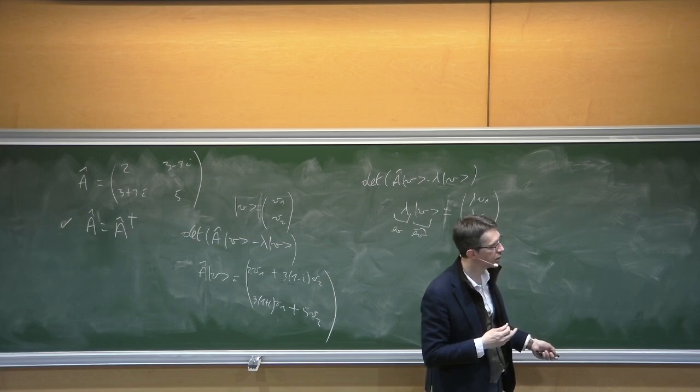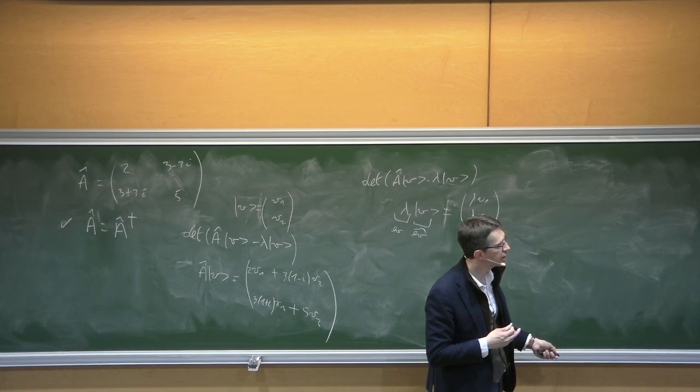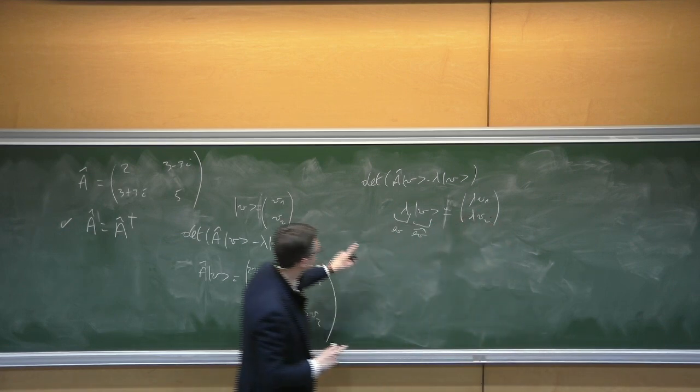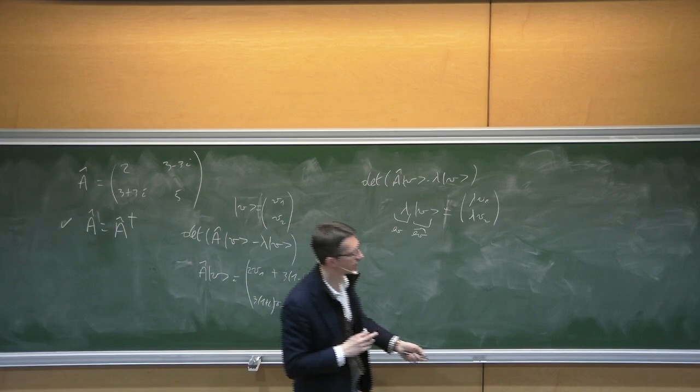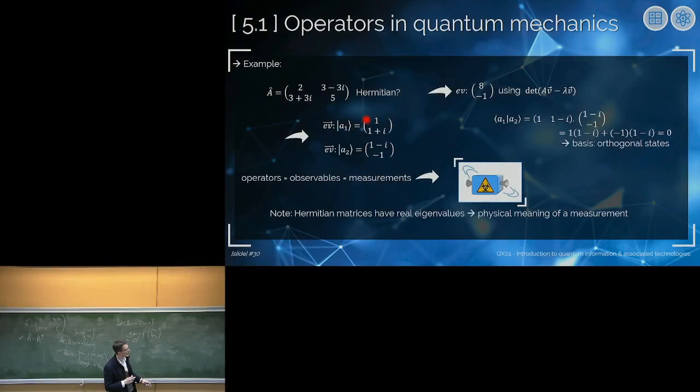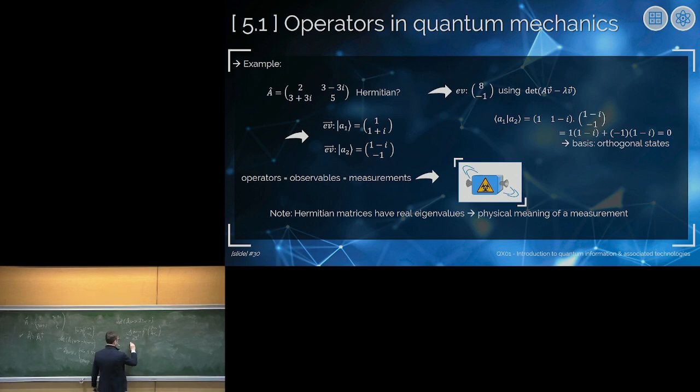If I take A1 equals 1 and 1 plus i, I took A1 and A2 rather than V1, V2, same thing. 1 and 1 plus i, and 1 minus i and minus 1. I should have called them V1, V2, really, it doesn't matter.